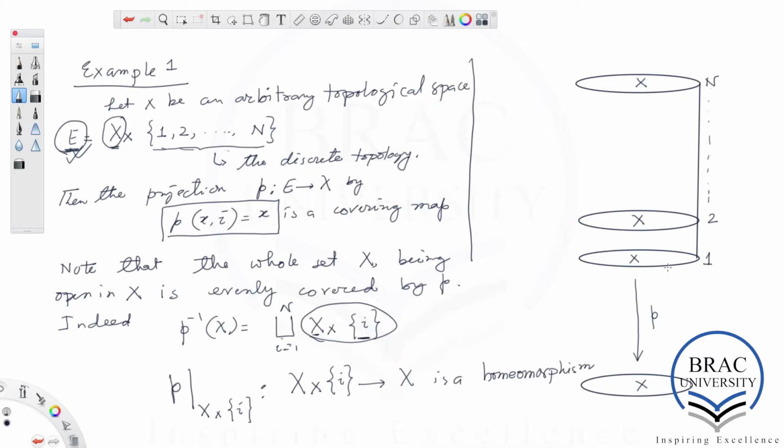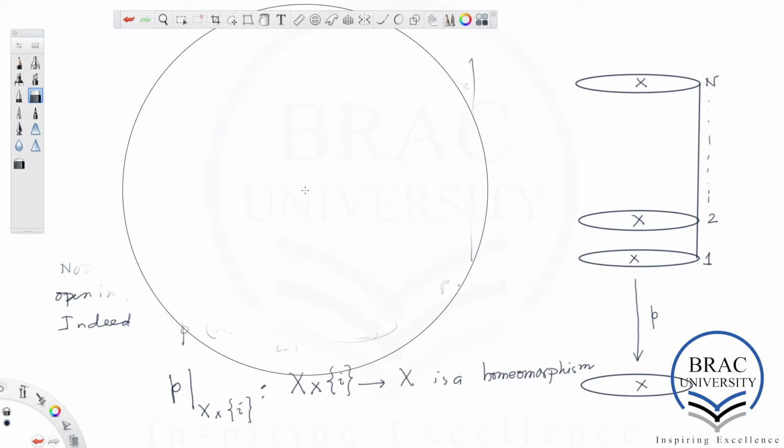So in this segment we are going to study first an example which is a non-trivial example of a covering space of a unit circle on the two-dimensional plane. Let me erase everything here.